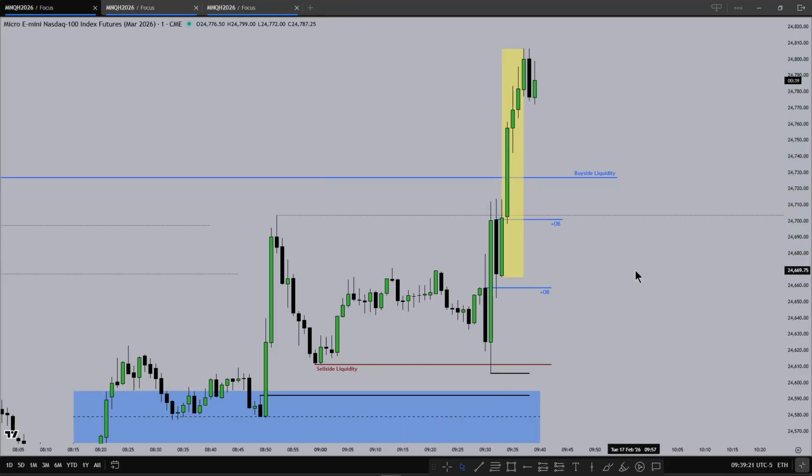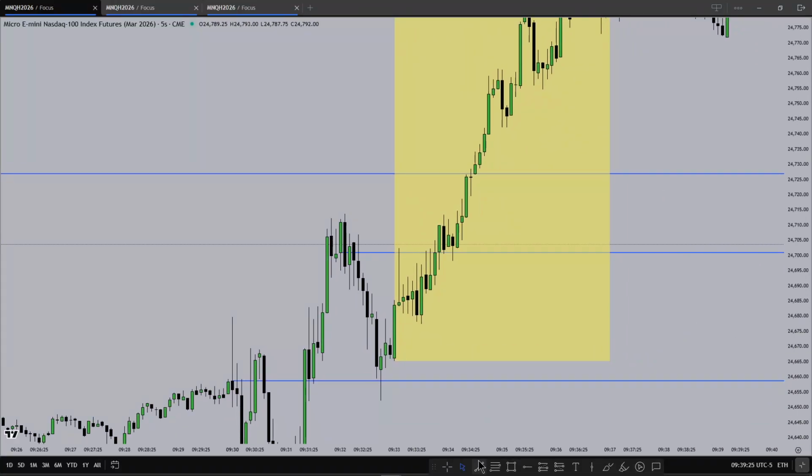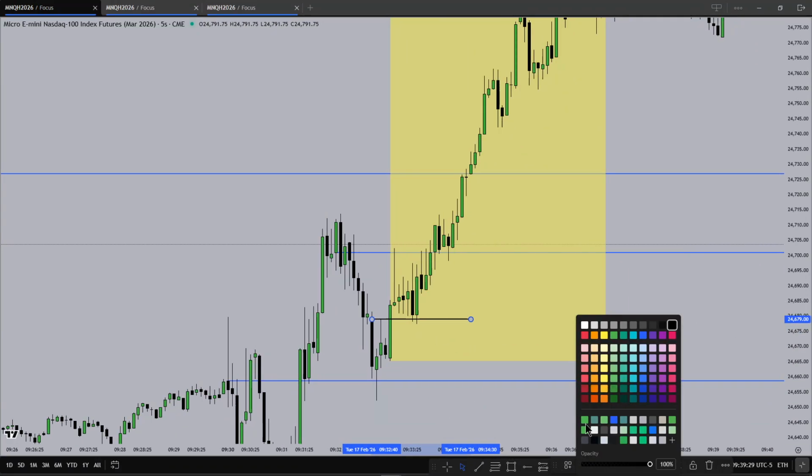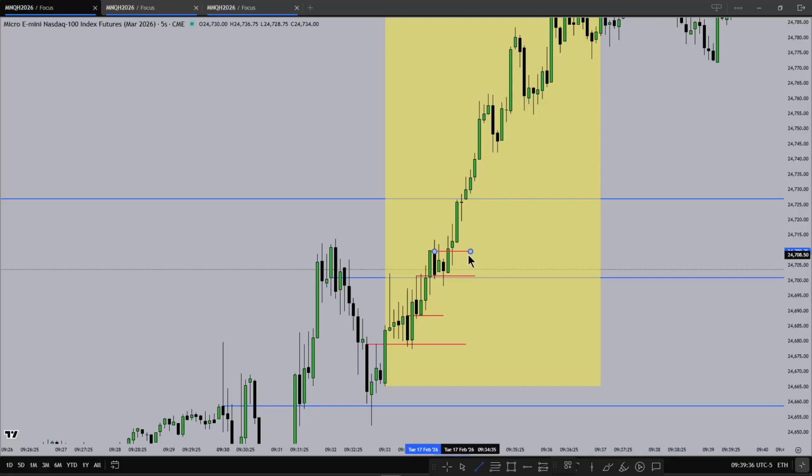So if we study that price run like I'm always doing, notice on lower time frames, every single down close candle which gets closed through supports price higher. Mark out a high there.